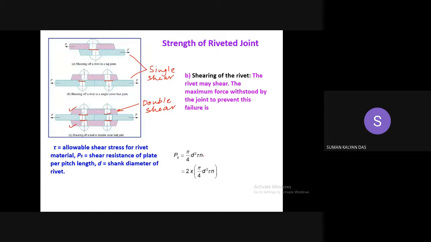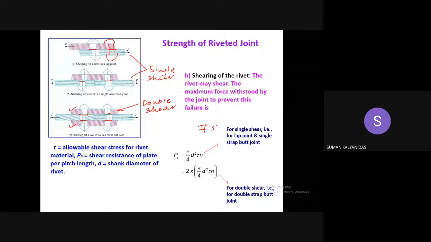Because suppose in this case, if you have another rivet, যদি এখানে ডাবল রো অফ রিভেট হতো, তাহলে this rivet also would have to fail in order to have a total failure. So that's why this N. So if you have a single row of rivet, N is equal to 1 if it is single row. I guess it is written over here.